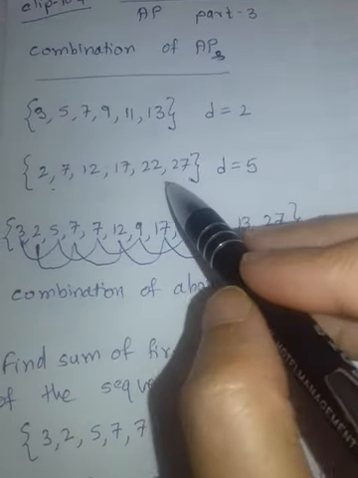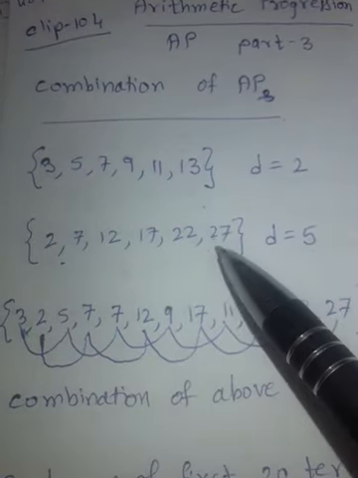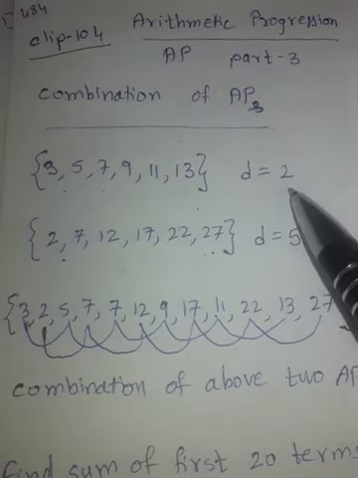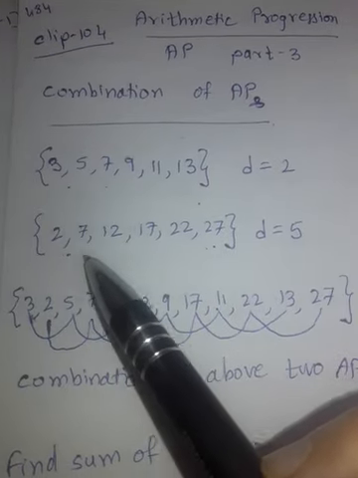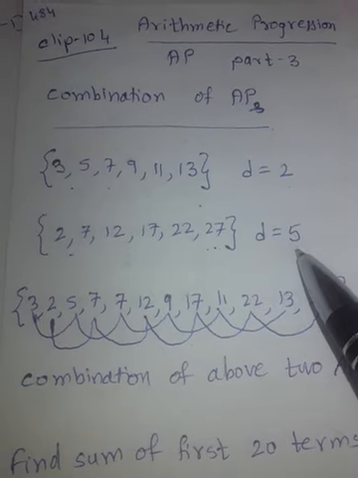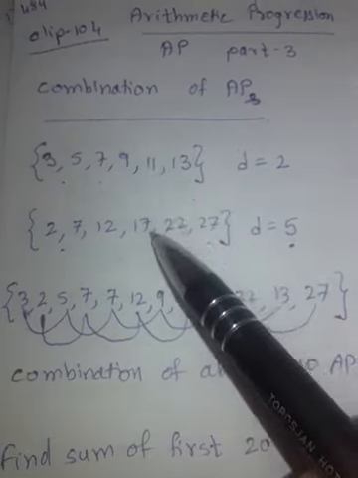That I wrote here. Now look at them. Do you see any pattern now? They are in ascending order with common difference of 2. And they are also in ascending order with common difference of 5. That means this sequence is a combination of these two APs.